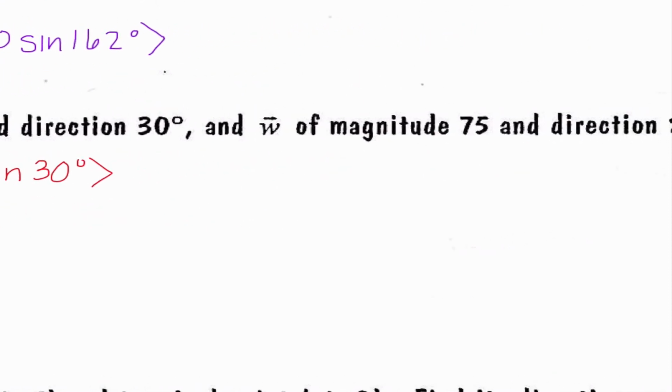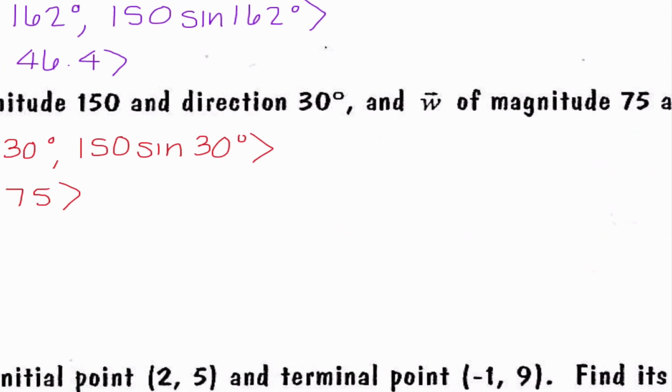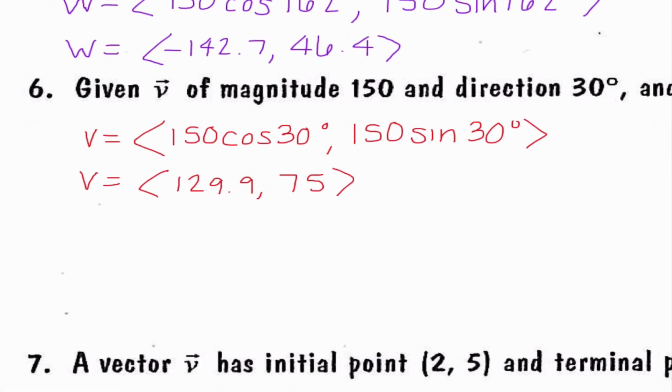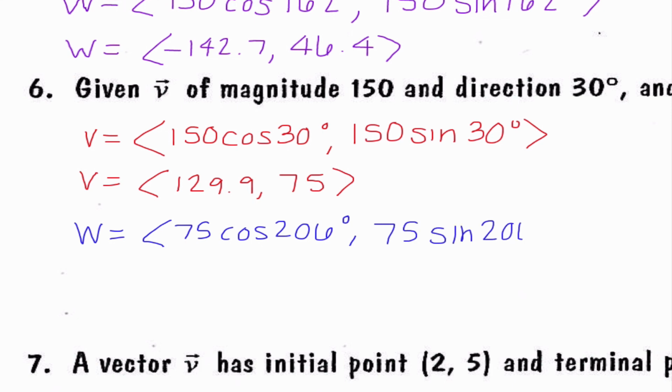Okay, for vector W, it tells us the magnitude is 75 and the direction is 206. So I'm going to say 75 cosine 206, 75 sine 206. So I get negative 67.4, negative 32.9.